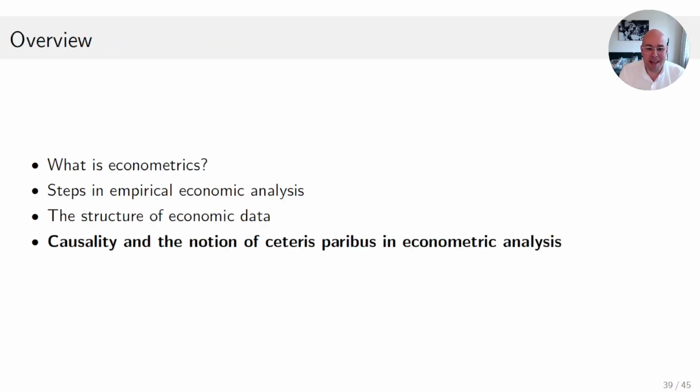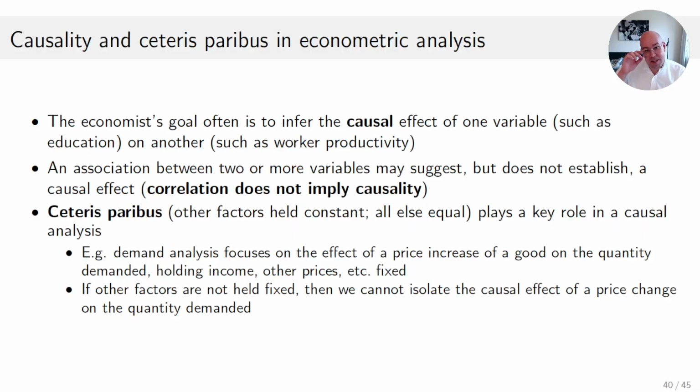Finally, causality and the notion of ceteris paribus in econometric analysis. This is actually very important. Very often, the economist's goal is to infer the causal effect of one variable, such as education, on another, such as worker productivity. In contrast, an association between two or more variables may exist, but it may not be causal, right?